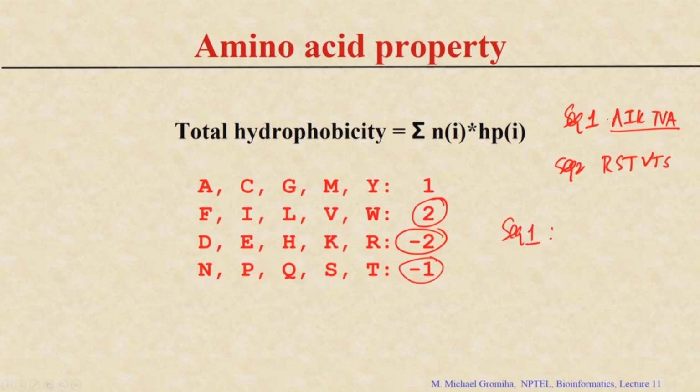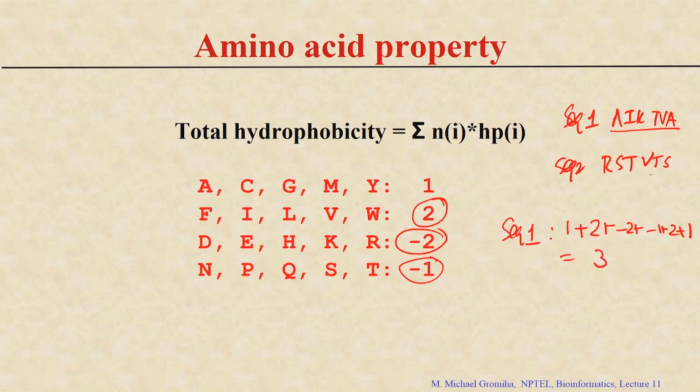A equal to 1 plus I equal to 2, K equal to -2, T equal to -1, B equal to 2, A equal to 1. So this is equal to 3.